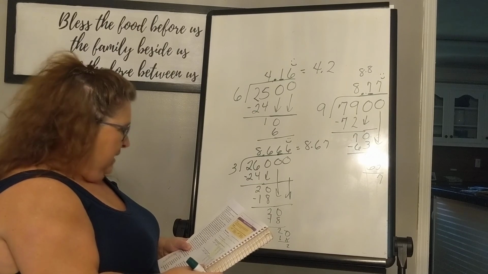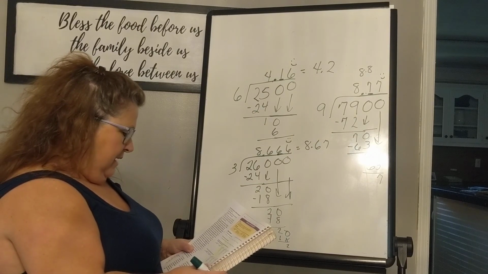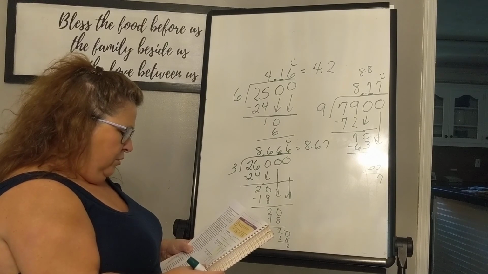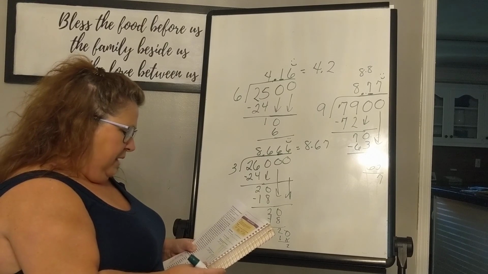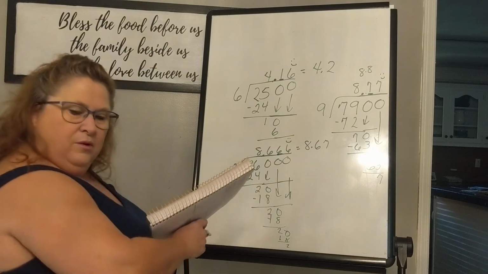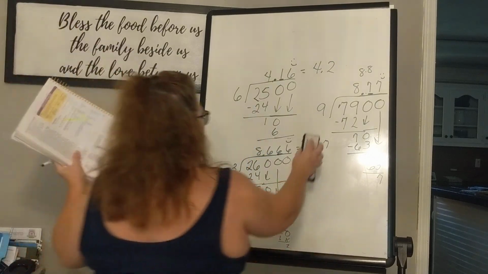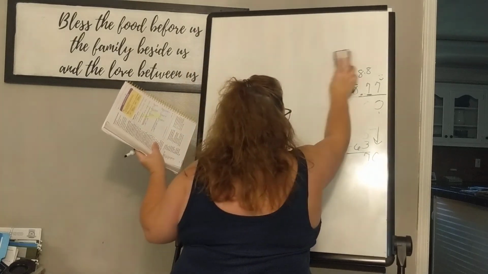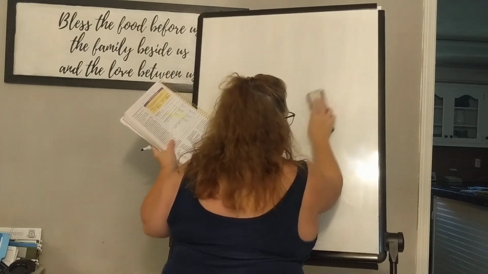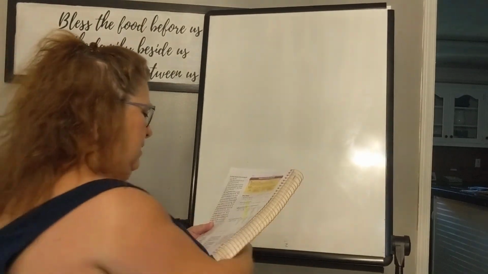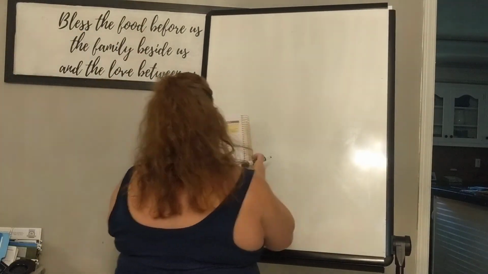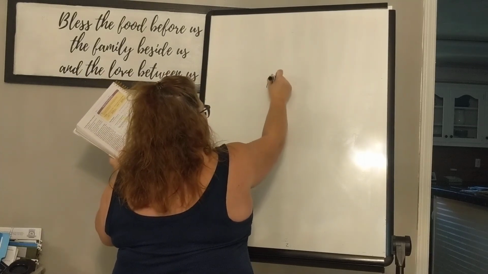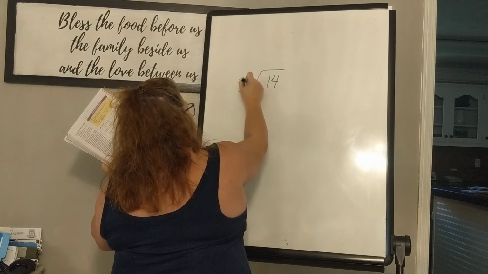Okay, so letter B, let's do one more together, and then I'm going to have you guys do your other ones on your, actually, let's skip letter B, and let's do letter C together, okay? And then you guys can do letter B on your own. So for letter C, we have 14 divided by 38.